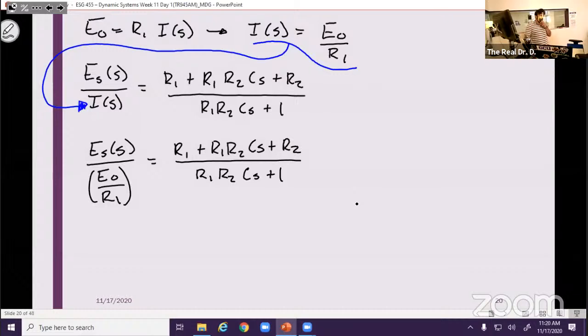Now here's where it gets, this is going to be the funky algebra. Well, it's not funky algebra. So, E of S over E out over R1 is just the same as me writing this.